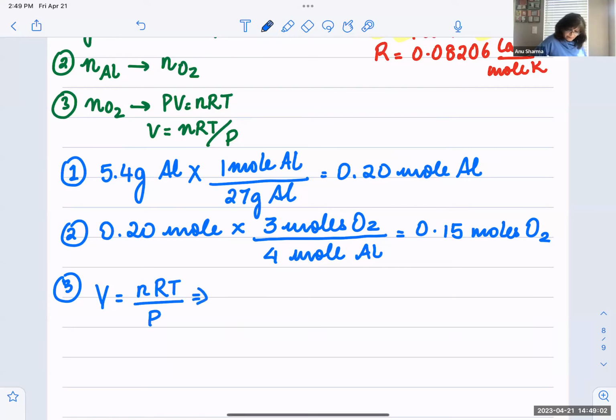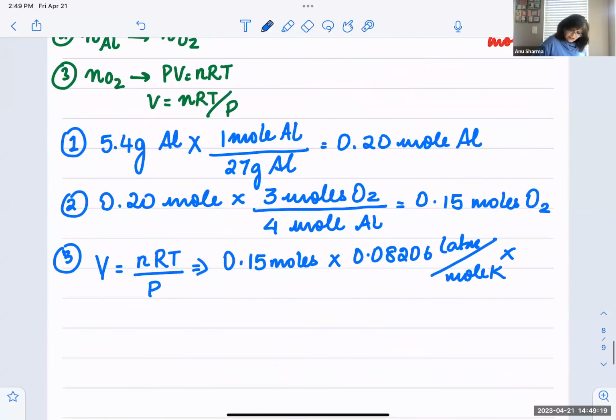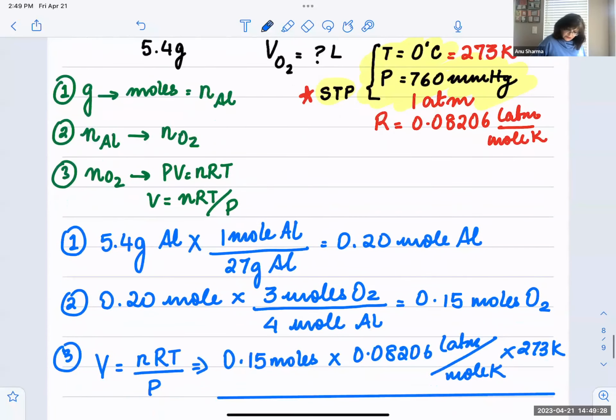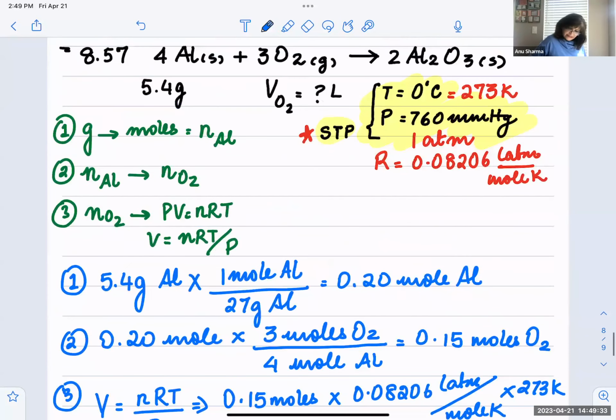So here, 0.15 moles of oxygen times 0.08206 liters atmosphere per mole K times the temperature, which is 273 Kelvin. Always temperature has to be in Kelvin. Over P, the pressure is 1 atm.